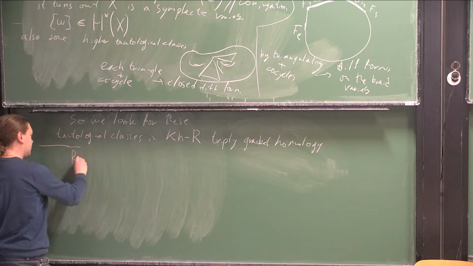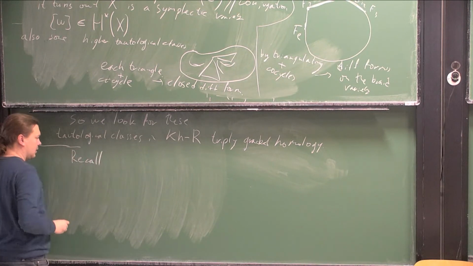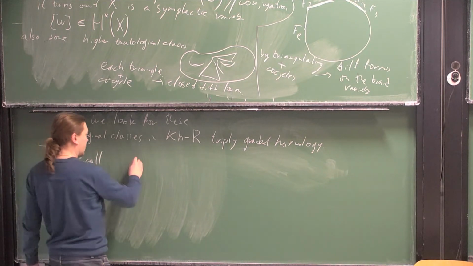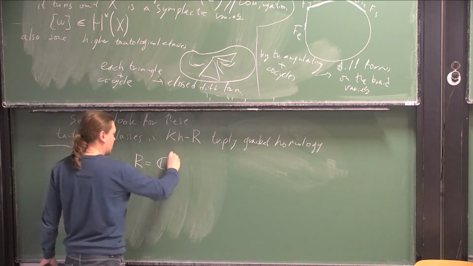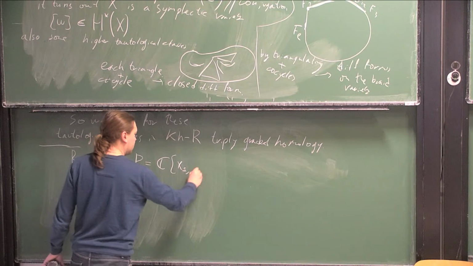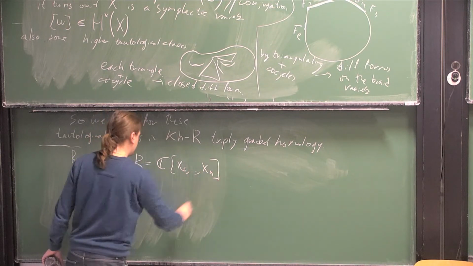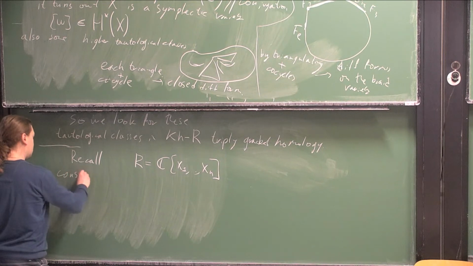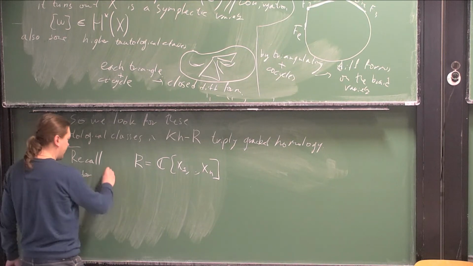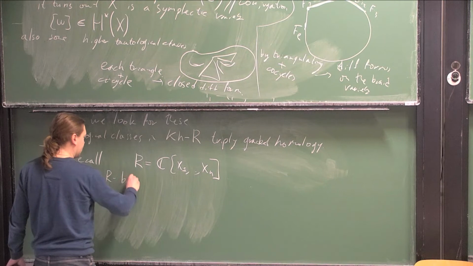Recall that we have some ring R, a polynomial ring. We consider R bimodules.